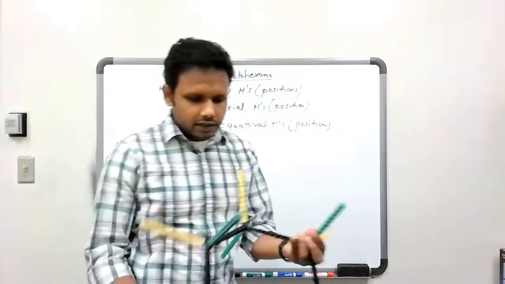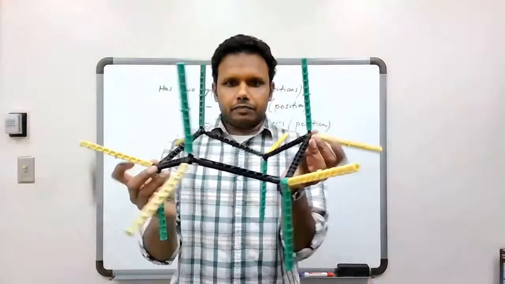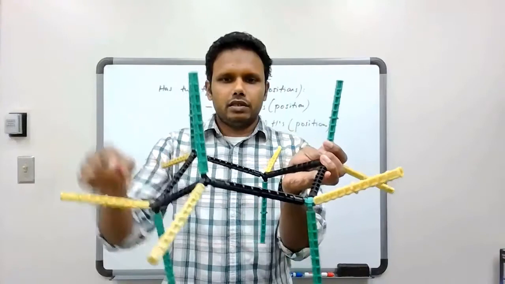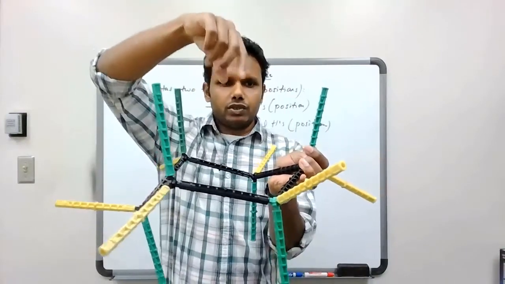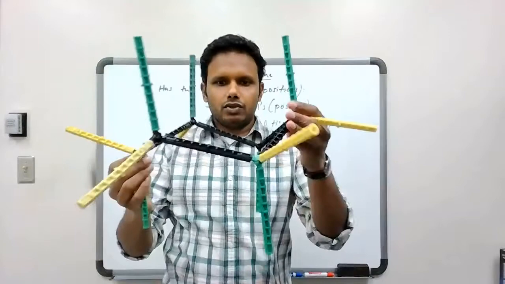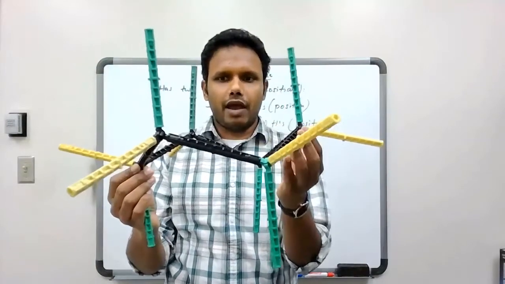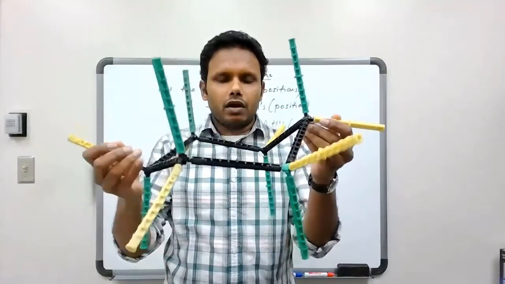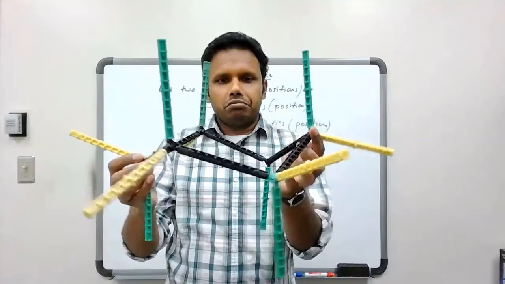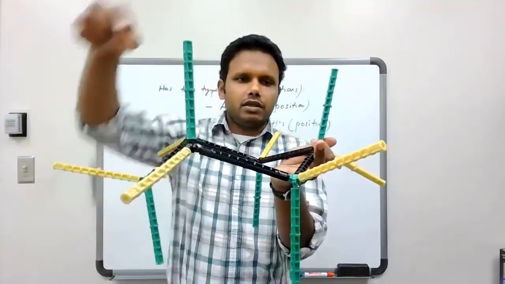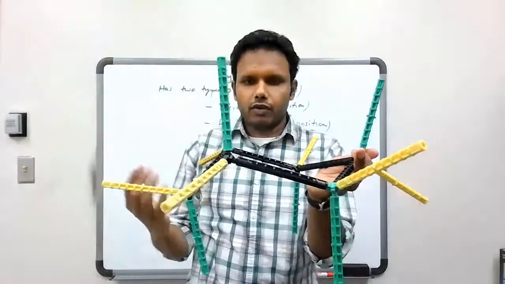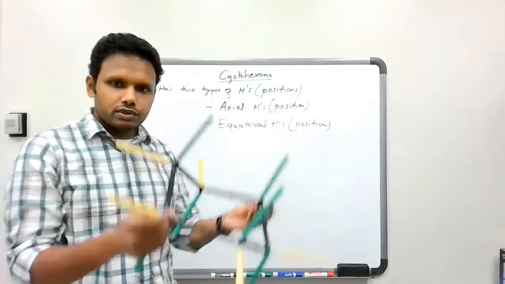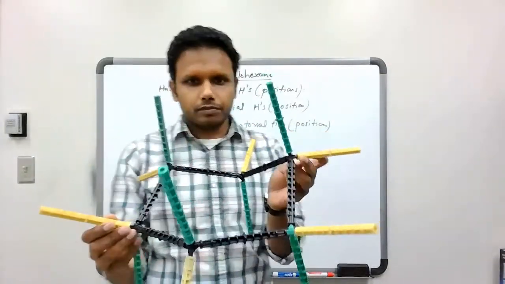Like I said, the green carbon-hydrogen bonds are all parallel to that imaginary axis, so they represent the axial positions. And the yellow carbon-hydrogen bonds are approximately around the equator of the ring, and that's why those positions are called equatorial positions.